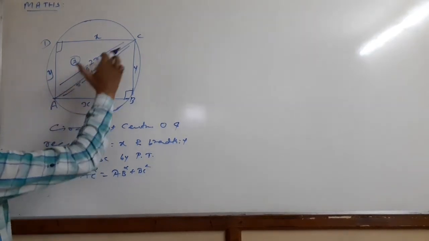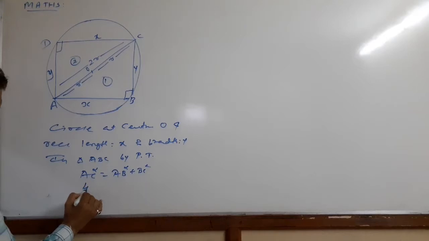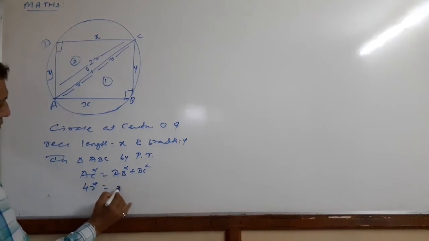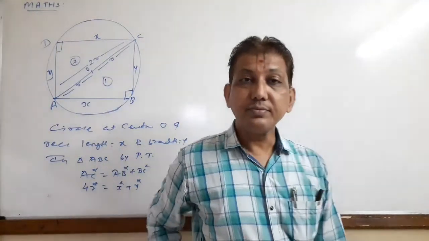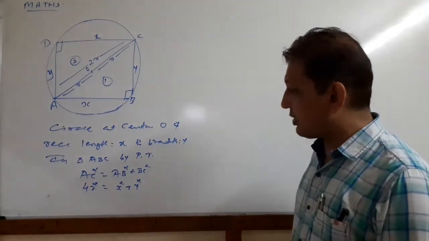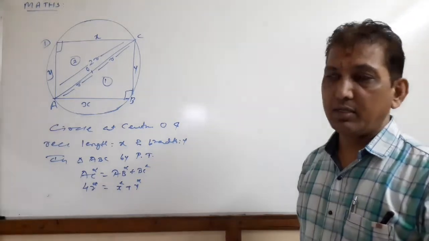Now AC is 2R, so 4R square equal to X square plus Y square.